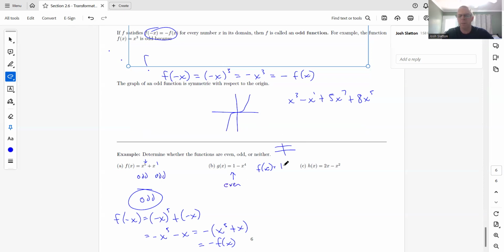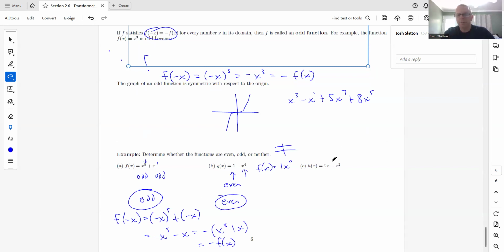And if you think about it, you could rewrite this as 1x to the 0. So 0 is an even number. So any constant is going to be an even function for this reason. It's just a horizontal line, symmetric around the y-axis. And you could also write it as whatever the constant is, x to the 0. X to the fourth, of course, 4 is even, so this is an even function.